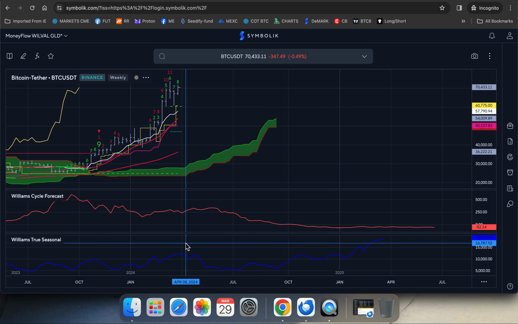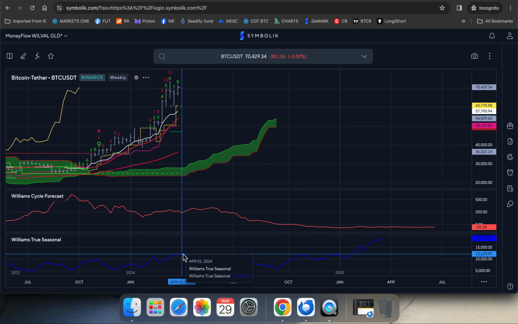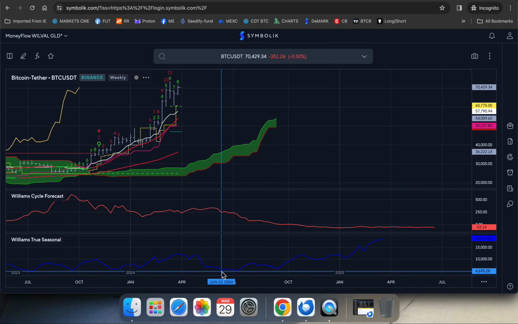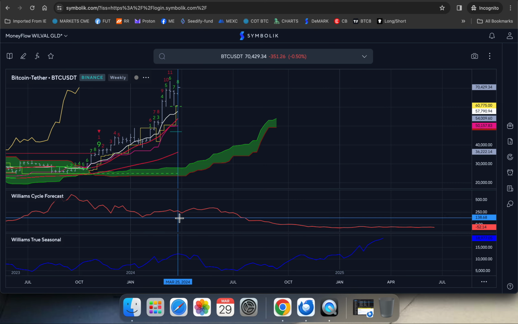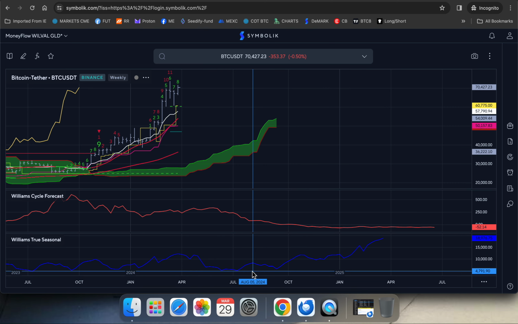It's showing a top pretty much this week. Could be a possible top, seasonality wise. It's based on the time of the year. That shows most likely a sell-off until June, July. Historically, that's what Bitcoin has done this time of year.